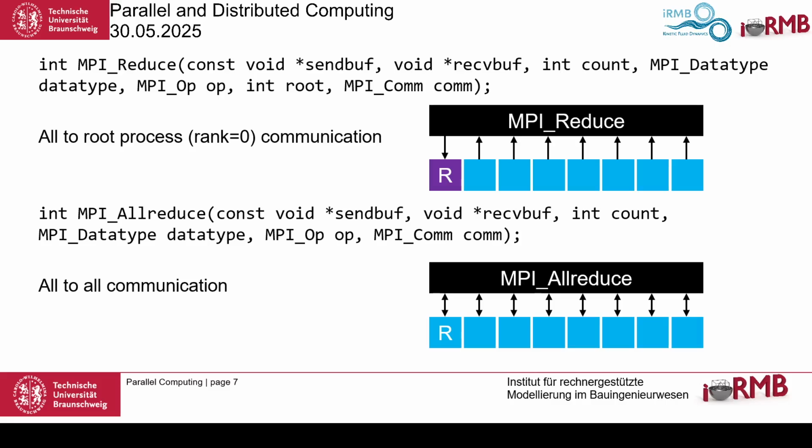So in our example, all the processes have calculated part of the integral, and now we reduce this to one number with the operation summation, so we sum everything together, and then what MPI reduce would do, it would send it to the master process.